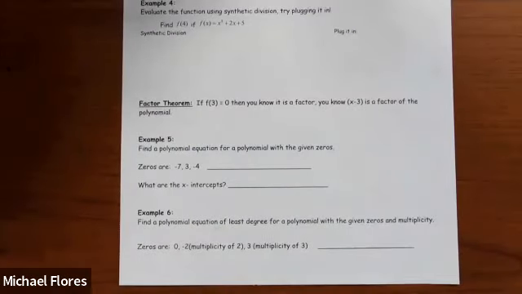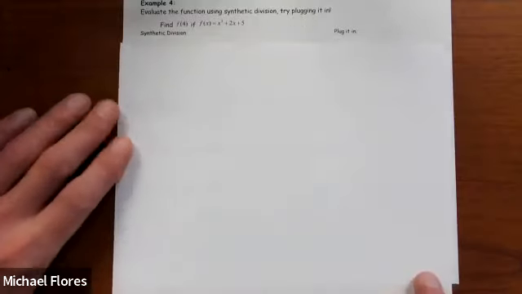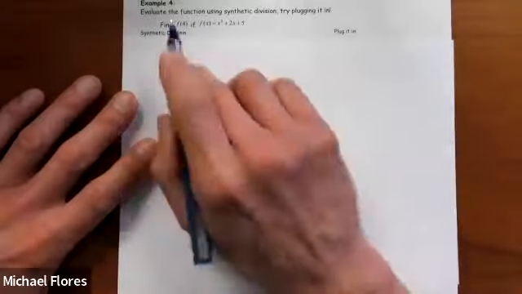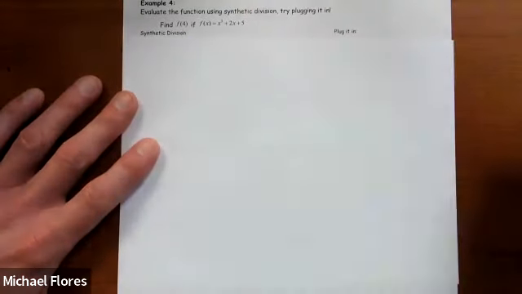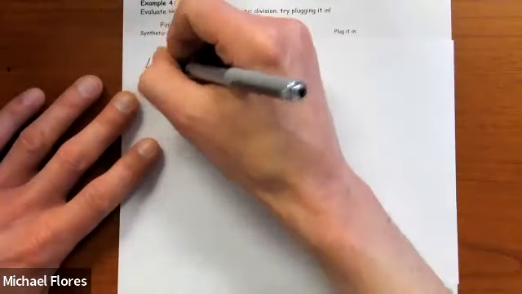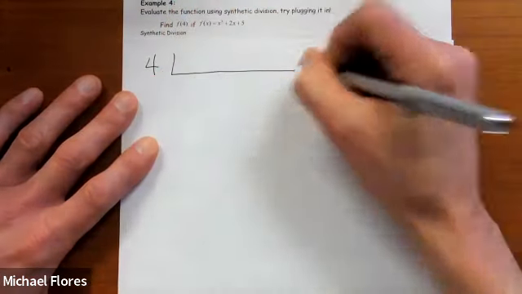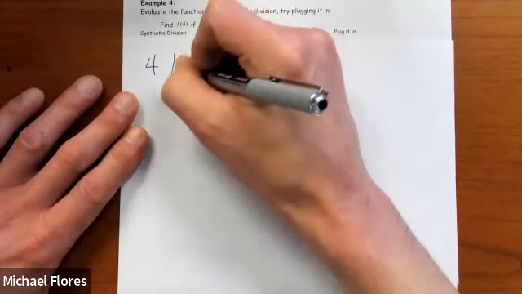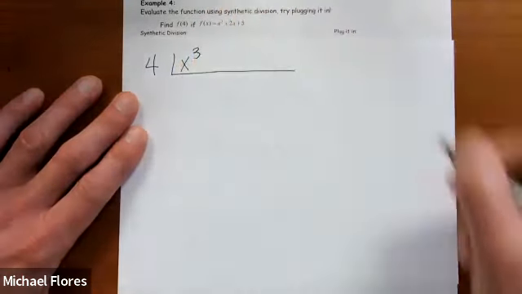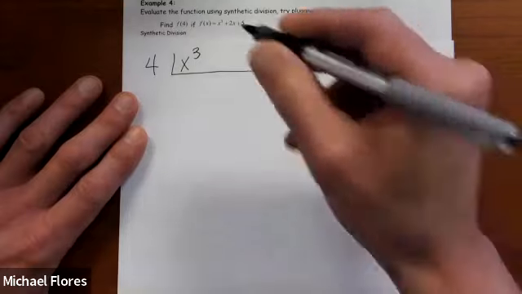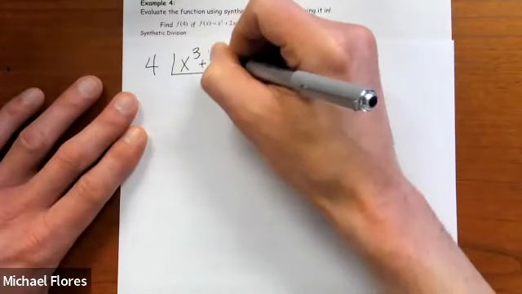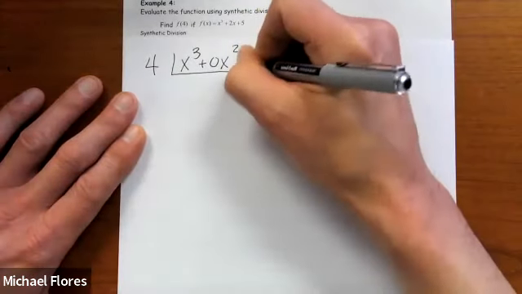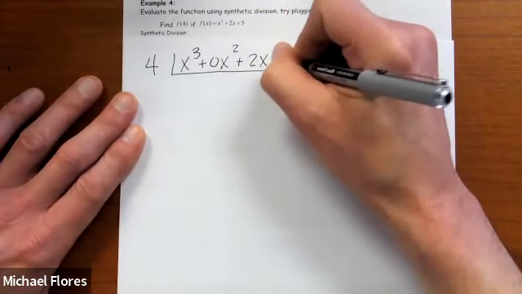Okay, example 4. Evaluate the function using synthetic division and then try plugging it in. So they want us to use 4 here. They're telling us use 4. Looks like the highest term it gives us is x cubed. So we must have an x squared, which they did not give us. And then an x. And then the constant.